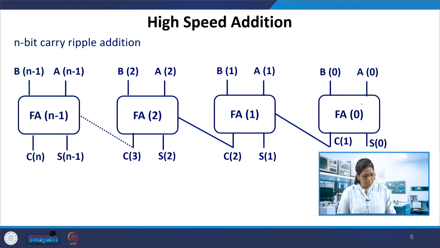So in the n bit carry ripple addition, the carry is propagating from one stage to another, you can see, and it should ripple through at least n minus 1 stages. Suppose n equal to 4, then at least 3 ripple throughs need to be allowed, and it takes time: the number of gate delays involved in each full adder to generate the carry.